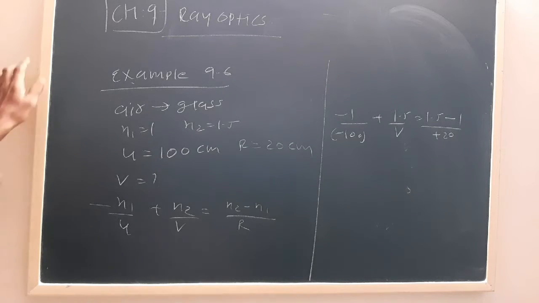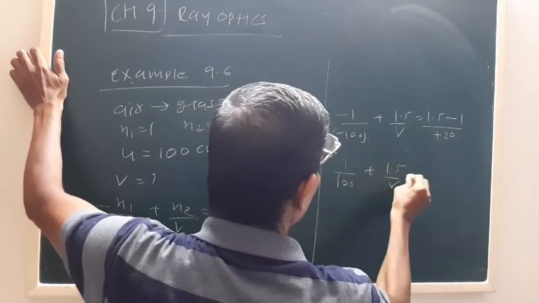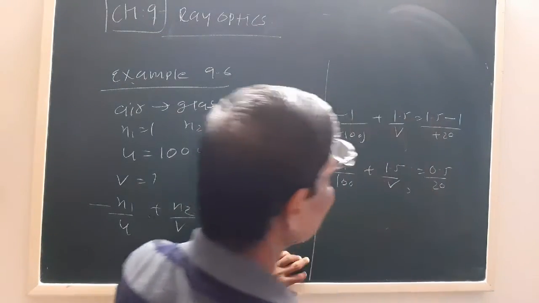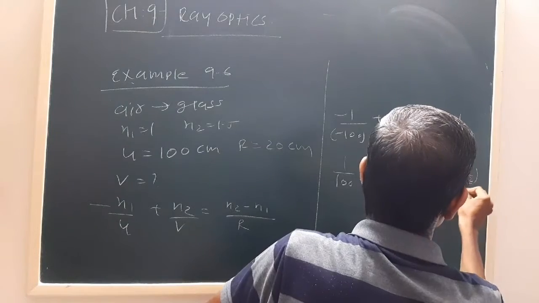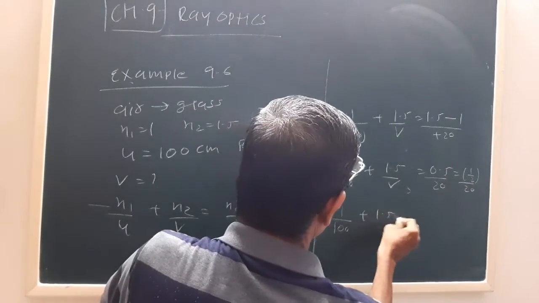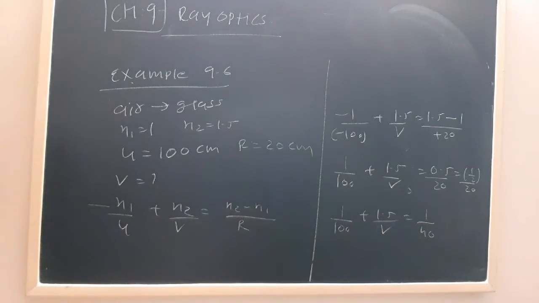Now if we solve, this will be 1 upon 100 plus 1.5 upon v equals 0.5 upon 20. Now 0.5 is 1 by 2. So the equation will become 1 upon 100 plus 1.5 upon v is 1 upon 40. Now we can solve.